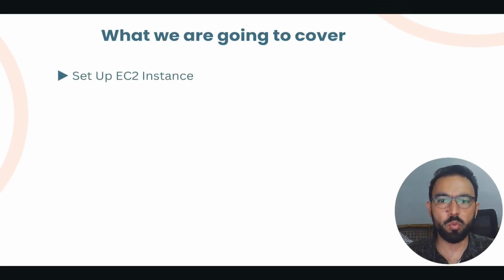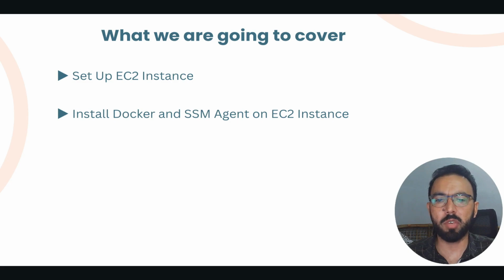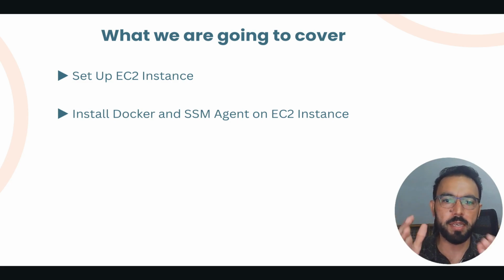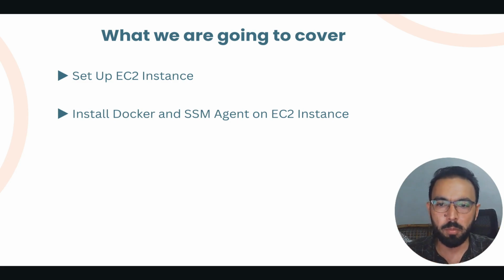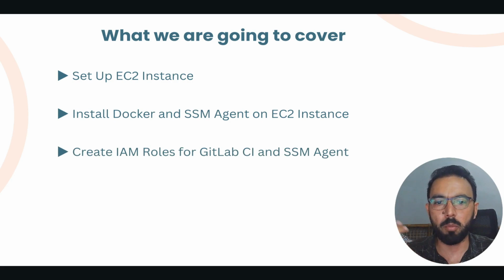To revise quickly what we have done: first we set up an EC2 instance, then we installed Docker and SSM Agent on that EC2 instance by SSHing into it using its private PEM key file. Then we created a couple of IAM roles, one for the GitLab identity provider and one for the SSM agent.